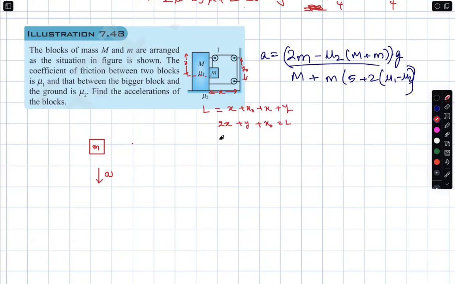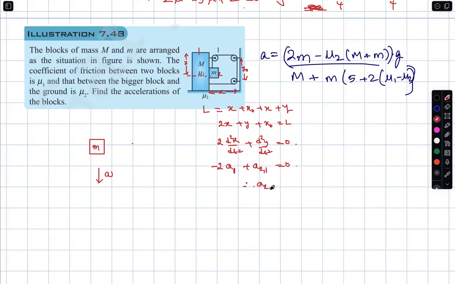Differentiate this. So 2 times d square x by dt square plus d square y by dt square is 0. Remember, this is decreasing and this is increasing. So minus 2 times acceleration of... We'll call this 1 and we'll call this 2, so that there is no confusion. 2 times acceleration of 1 plus acceleration of 2 with respect to 1 is 0.